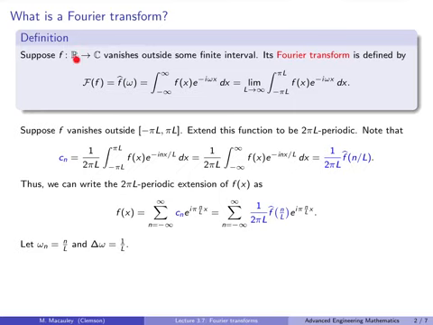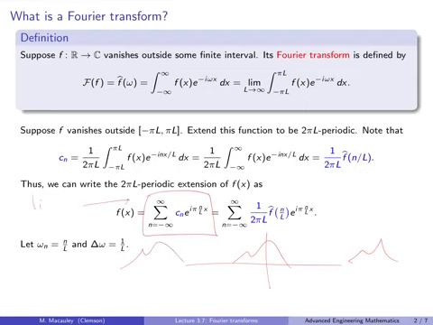So the original f of x that vanishes outside of some finite interval really is what you get if you take this periodic function. Remember, that looks like this little thing, that periodic, and you take the limit of this. So let's take the limit of this as L goes to infinity.